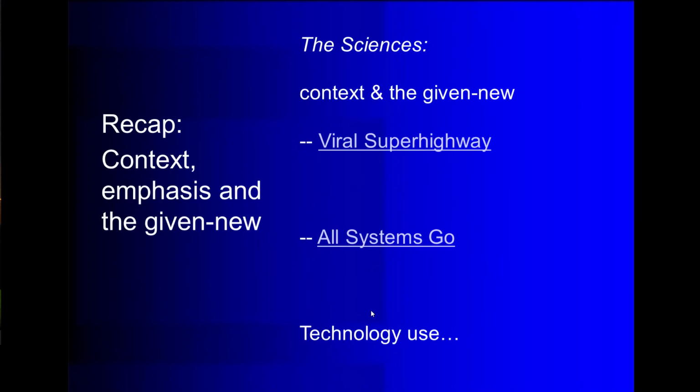So we talked in the last lecture about the articles which are available to you on the course website, the Viral Superhighway, Too Close in this year of 2020, and All Systems Go. But it's also important in general technology use to understand how the given new works and just how important it is.